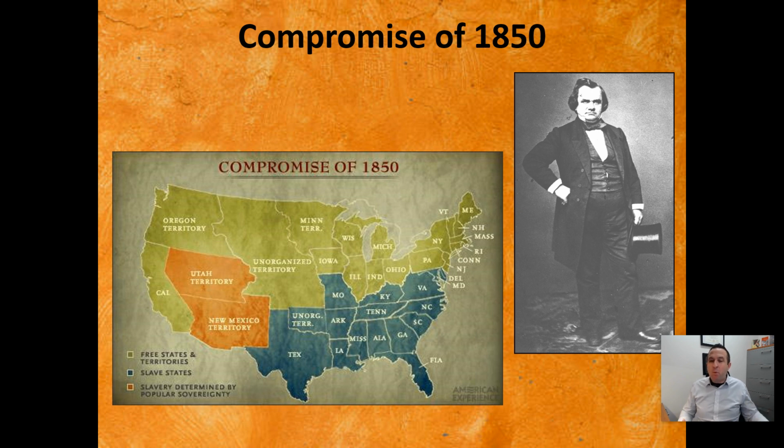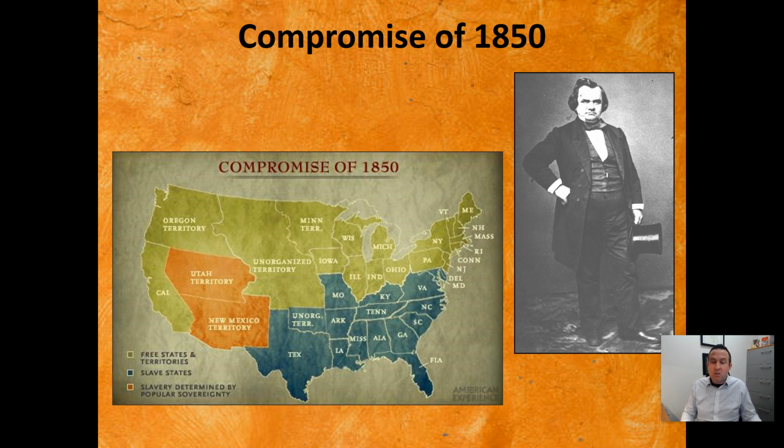Now, if you're taking a normal U.S. history course, there's a lot of important things to digest here, but I want to focus on the few that are really pertinent to our discussion right now. Number one was that California would enter as a free state, and this would end Senate balance.